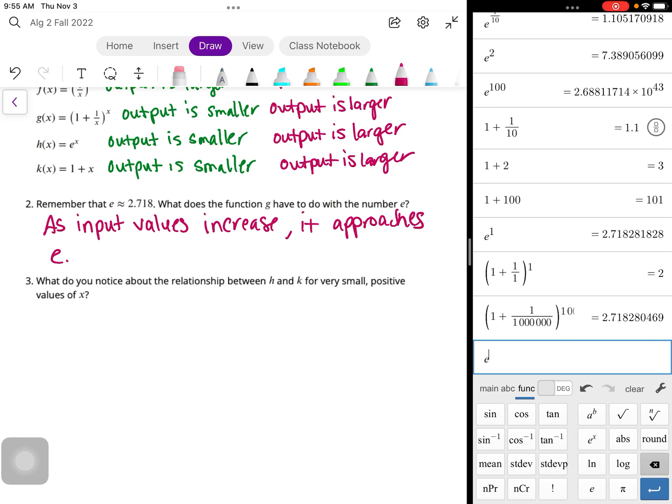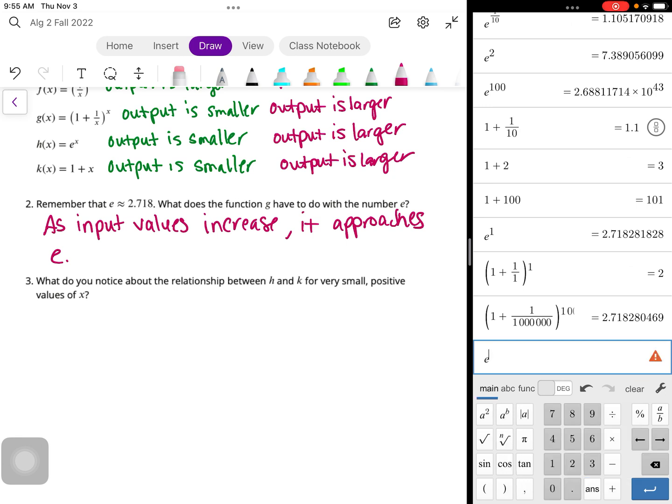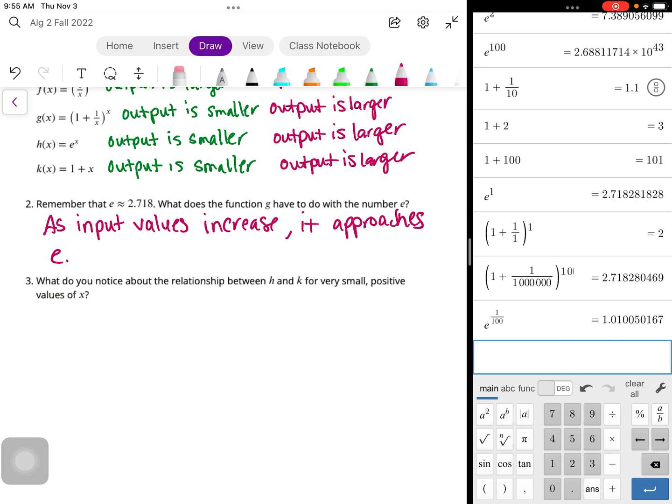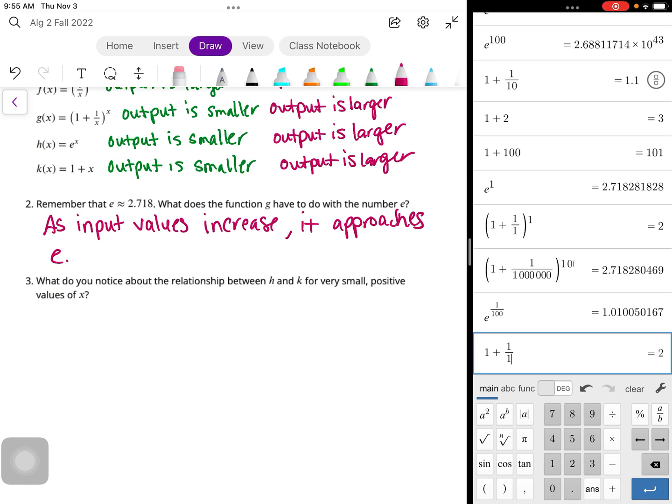So let's take a look at that. If I do my function and let's raise to the power of, I don't know, 1/100th. And then I do 1 plus 1/100th. Those are pretty close to the same. And then as the numbers get really big, that's when they start to separate.